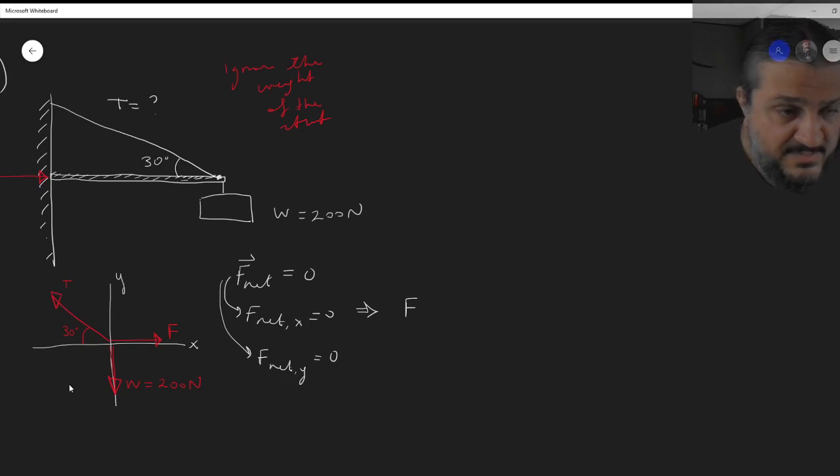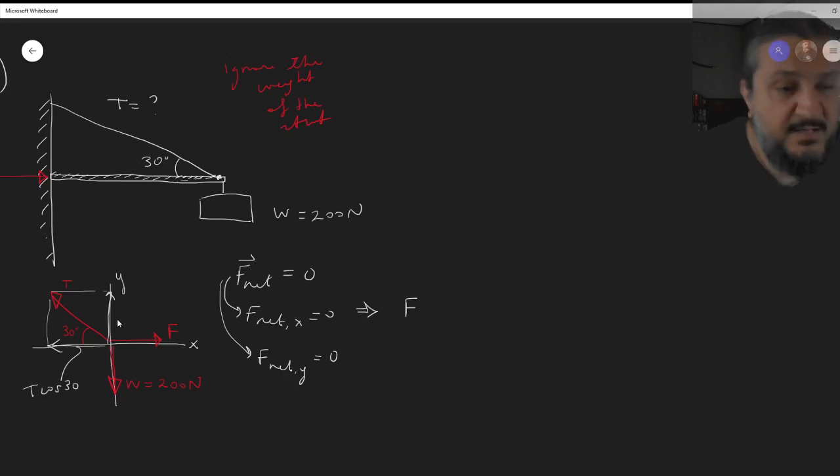But T, on the other hand, has an x component. It also has a y component. The x component is given by the cosine of 30, so T cosine 30. And similarly, the y component will be T sine 30. Why?